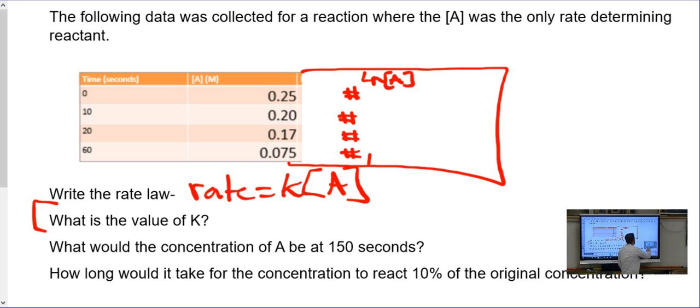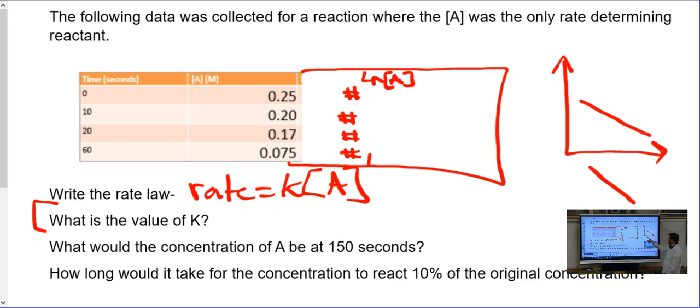And then we plot our graph, and we would have discovered a line that looks something like that. Might be in that region. I don't remember what quadrant it was in, but it doesn't really matter. And then the slope of this line is equal to what? Negative K.